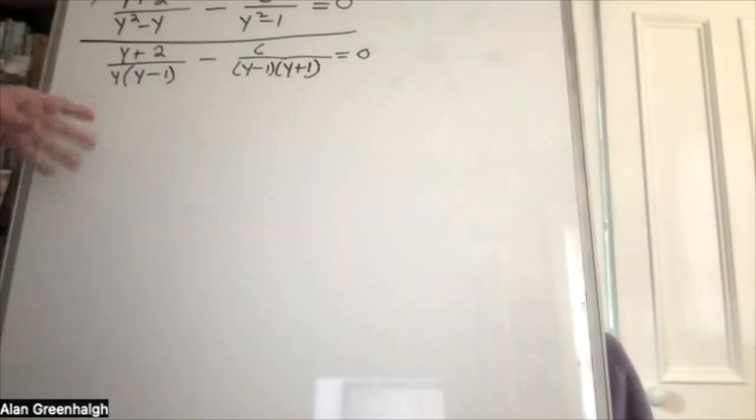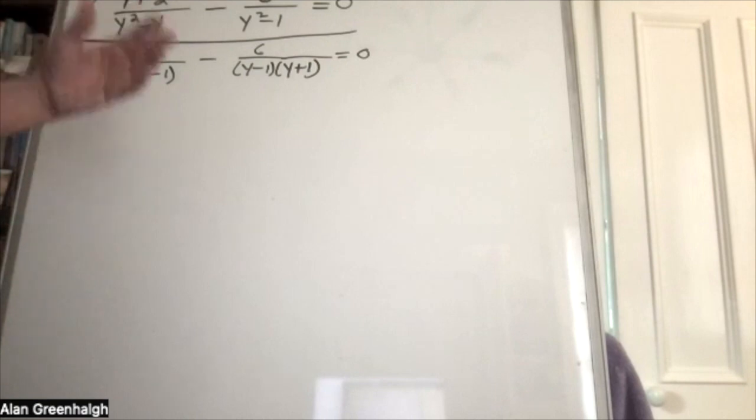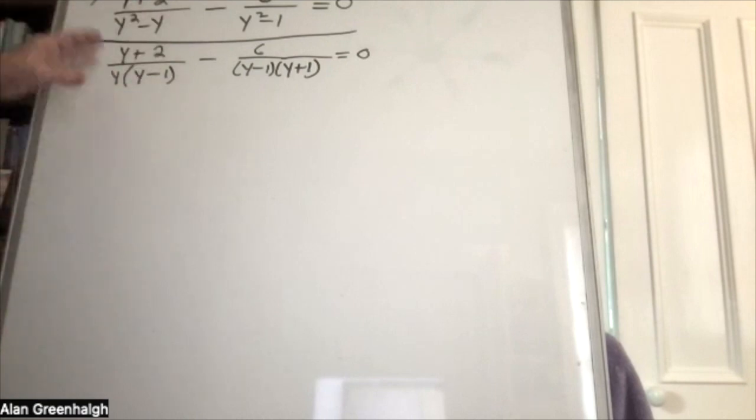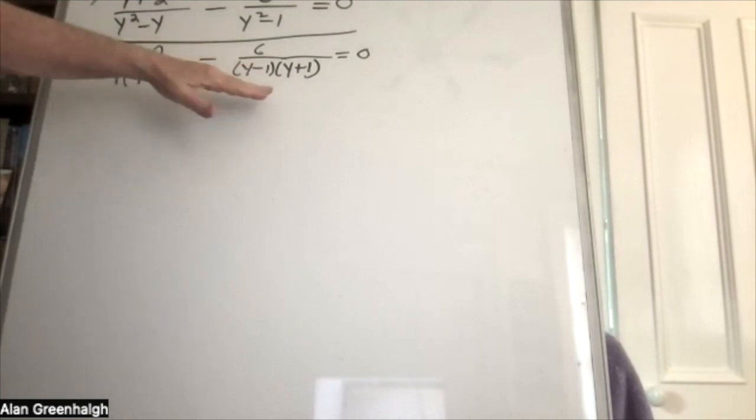Again, the object is to find the least common multiple, so that if we multiply the entire equation by the least common multiple, we'll drop out all the denominators.